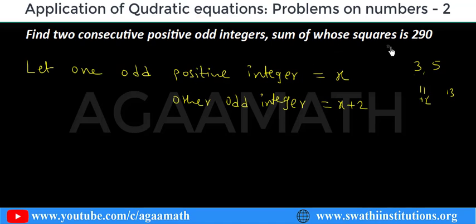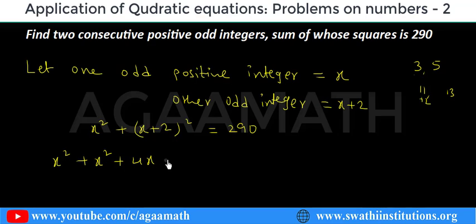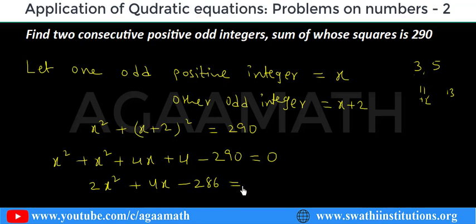The sum of whose squares is 290, so x square plus (x plus 2) whole square equals 290. Expanding using (a plus b) whole square, we get x square plus 4x plus 4, minus 290 transferred to the left-hand side equals 0. So finally I got 2x square plus 4x minus 286 equals 0.